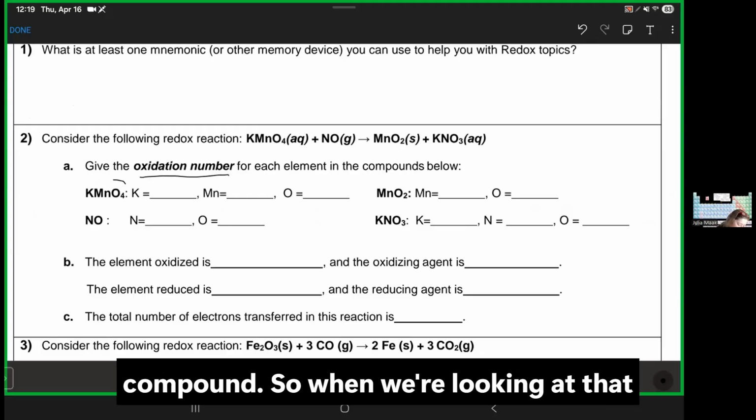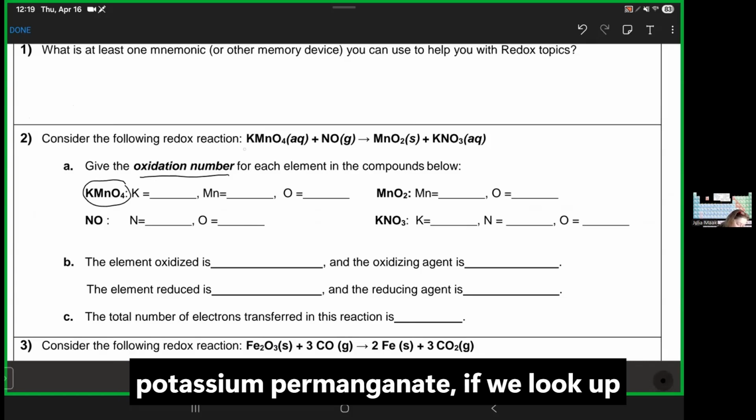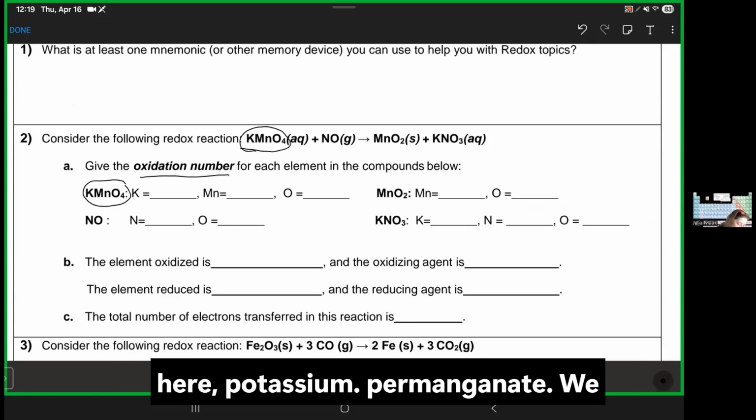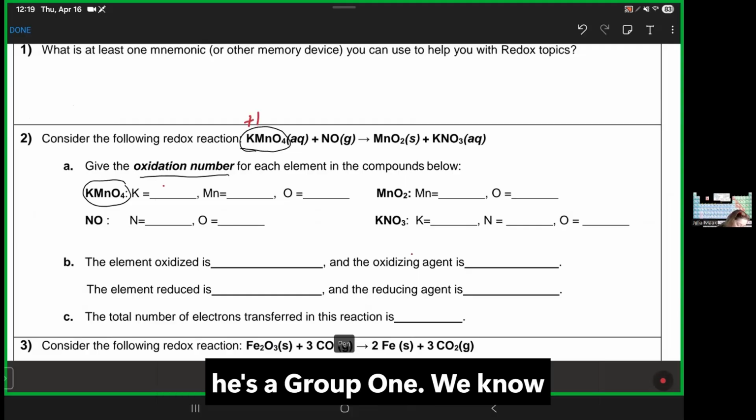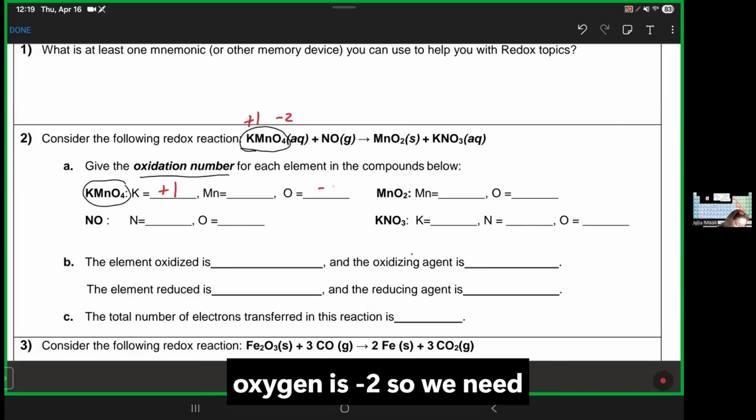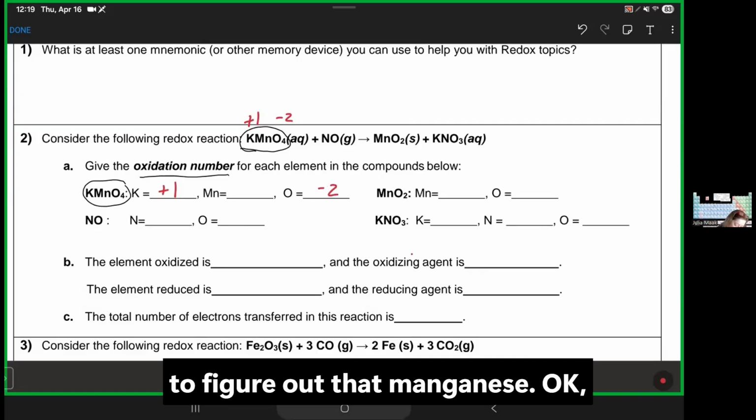So when we're looking at that potassium permanganate, we know that potassium is +1 because it's a group 1. We know oxygen is -2. So we need to figure out the manganese.